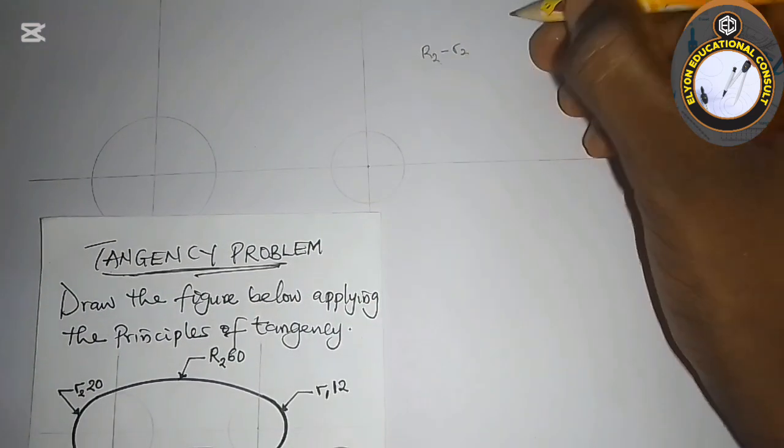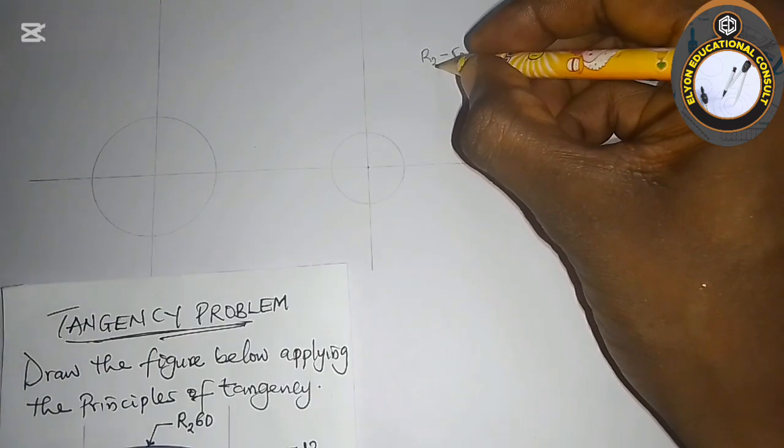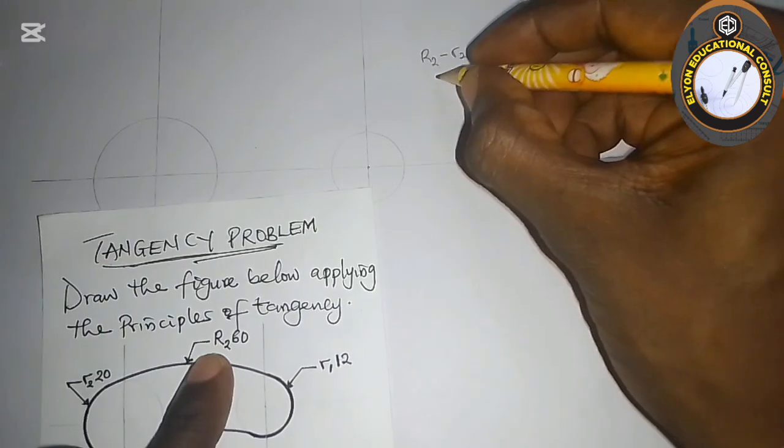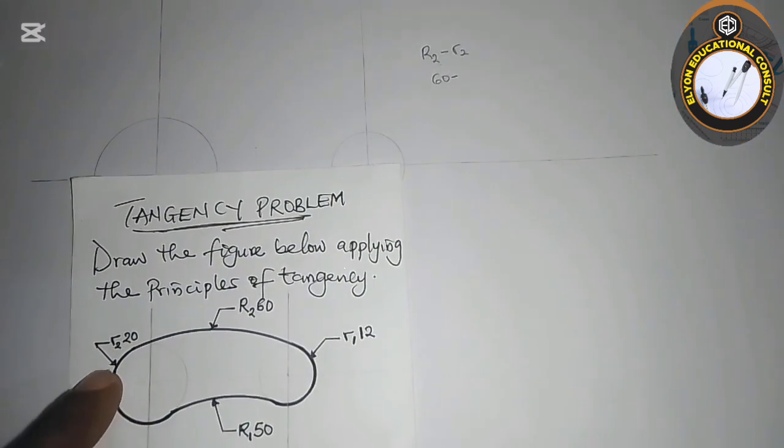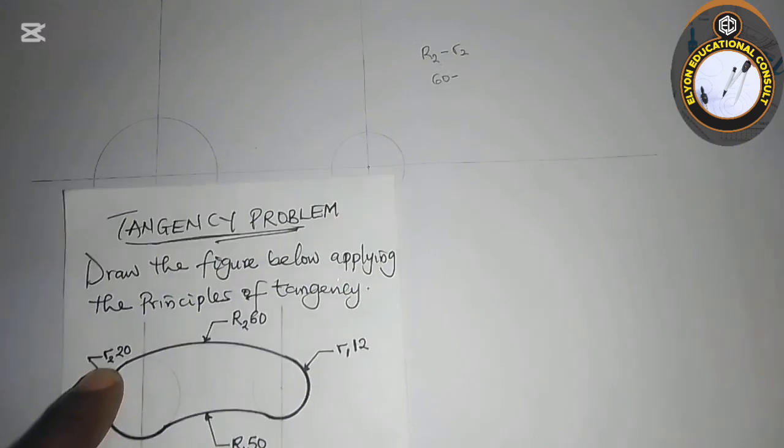This R2 is, you can see, 60. So 60 minus the radius of this circle here, which is our r2, so 20.